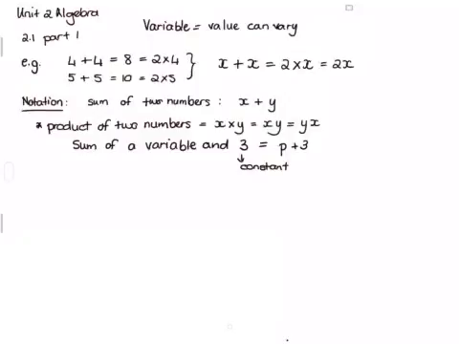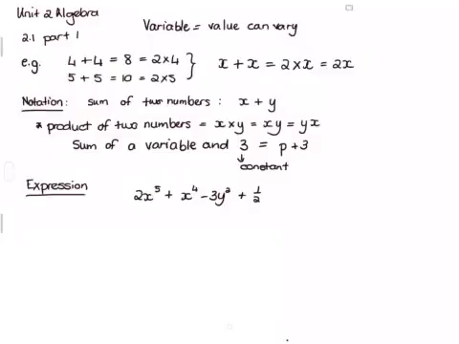Right, let's look at an algebraic expression. An expression doesn't have an equal to sign in it. So an expression just consists of a lot of algebra. And we're going to have a look at all of these things. Right, so there's an expression.